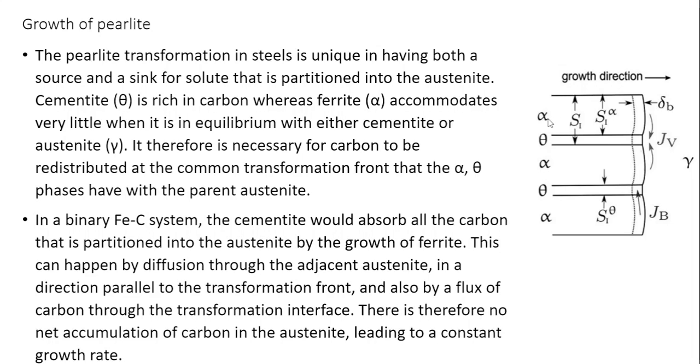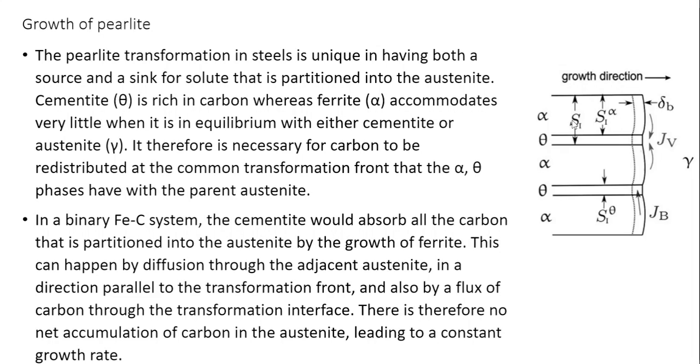So I have alpha, this is theta, cementite, and this is gamma. Consequently, redistribution occurs here in front of the growing interface within the austenite. In a binary iron carbon system, the cementite would absorb all the carbon that is partitioned into the austenite by the growth of ferrite.